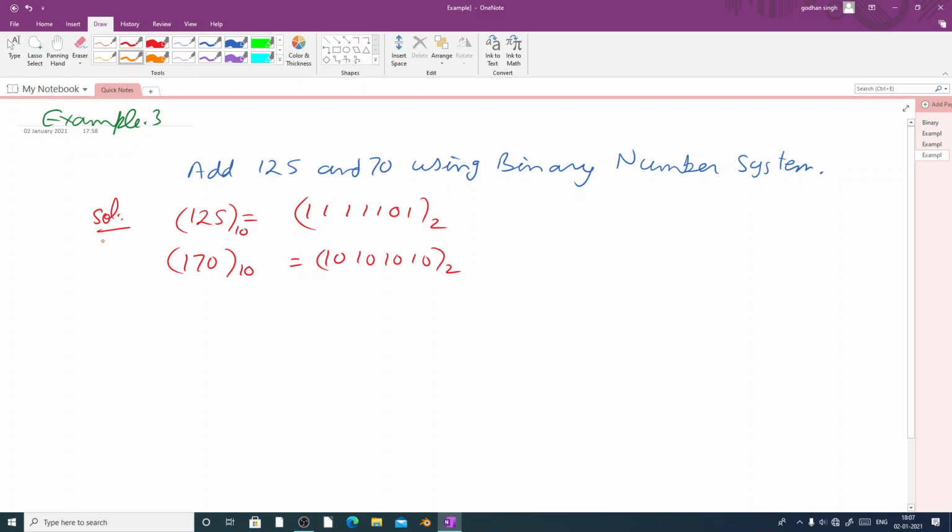This is 125 in decimal form, you have to convert this into binary number form, and this 70 also. Why? Because what is the question? Add 125 and 70 using binary number system. So unless you convert 125 and 70 in binary number form, you cannot add them.